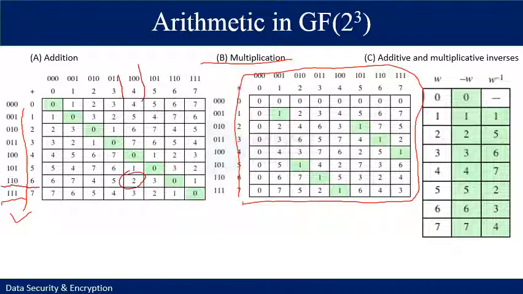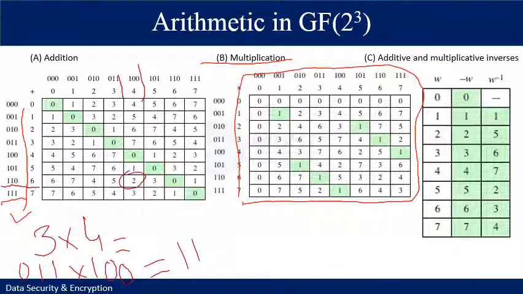In this case, the polynomial used is x cubed plus x plus 1. For example, if we take two numbers such as 3 times 4, we take their binary values: 3 is equal to 011, and 4 is equal to 100.